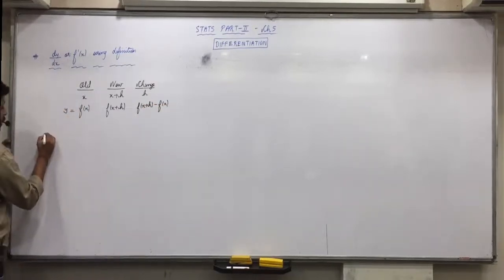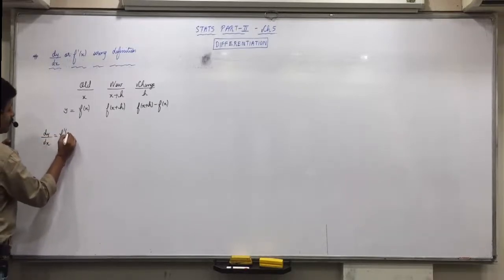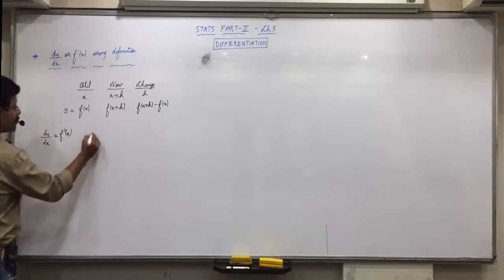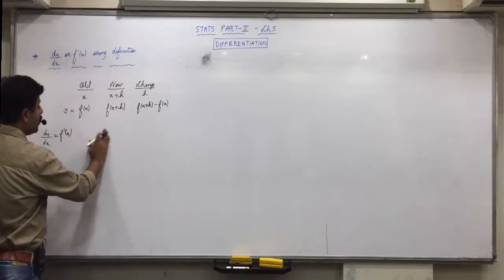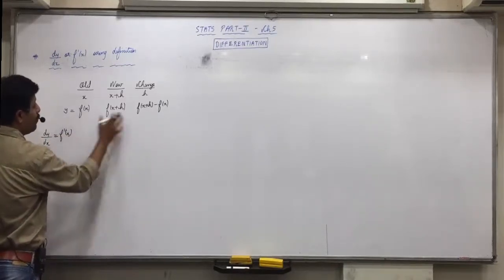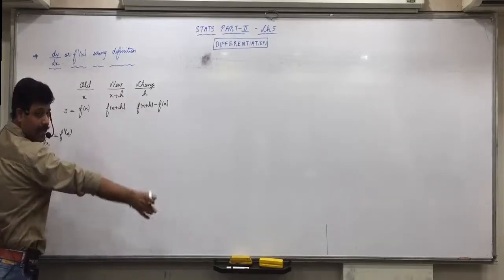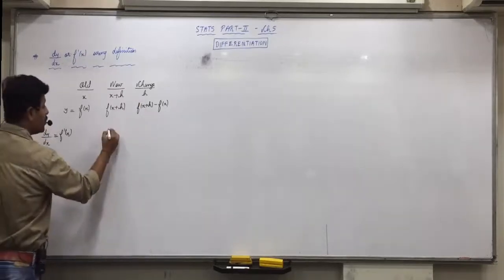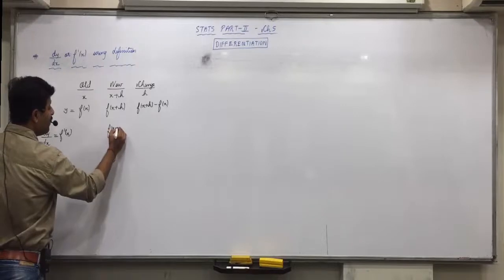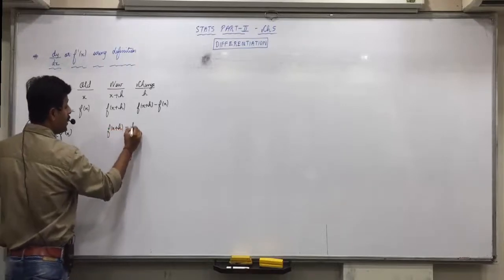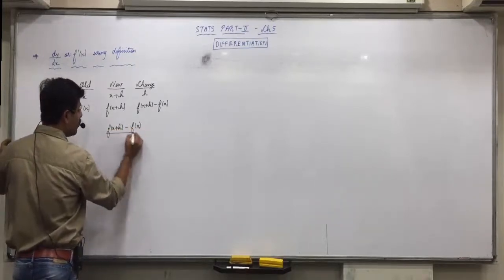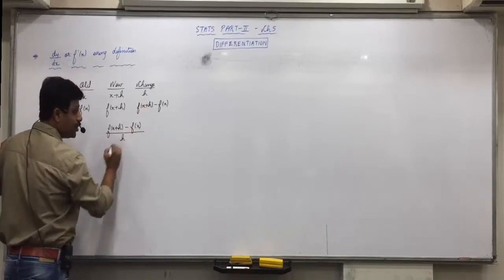Now how can you find dy by dx or f dash x? It is equal to change in y upon change in x. Change in y is f(x plus h) minus f(x) upon change in x, which is h.